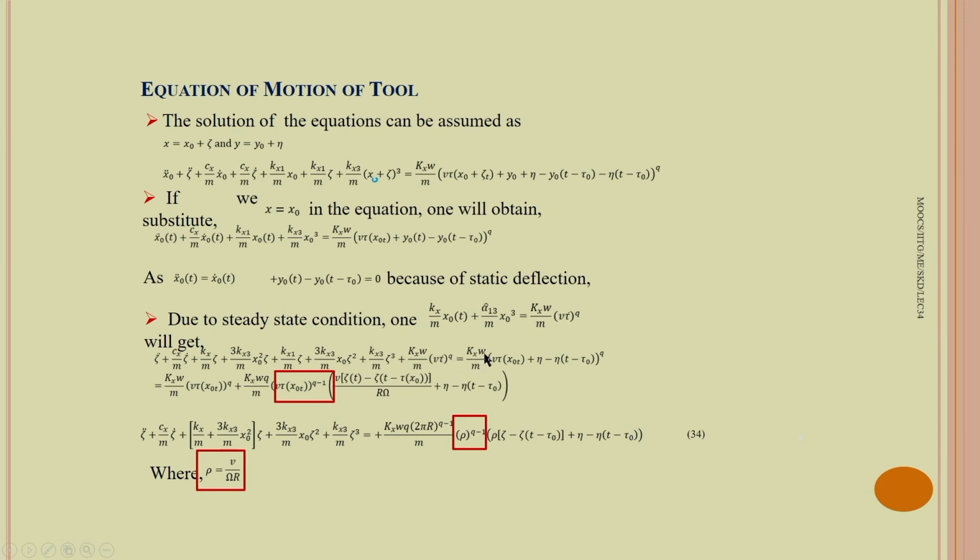So, it will be equal to k x w by m v tau (x0 plus eta) into eta t minus tau 0 to the power q. So, this is due to the time delay term.